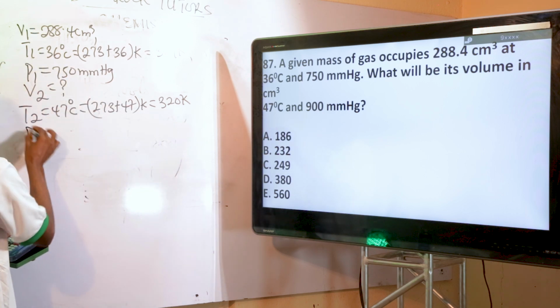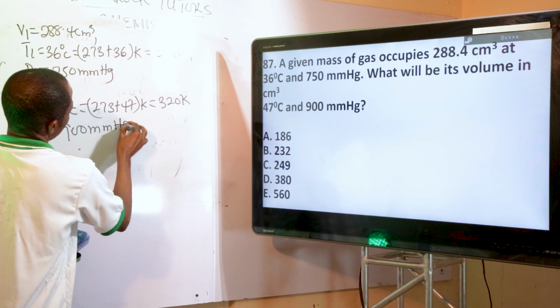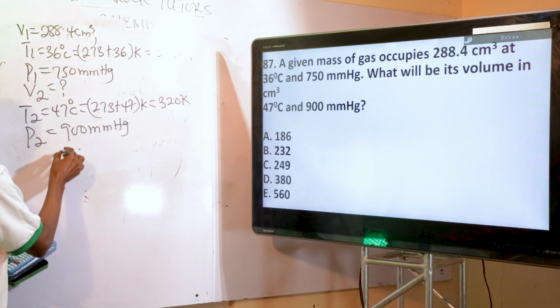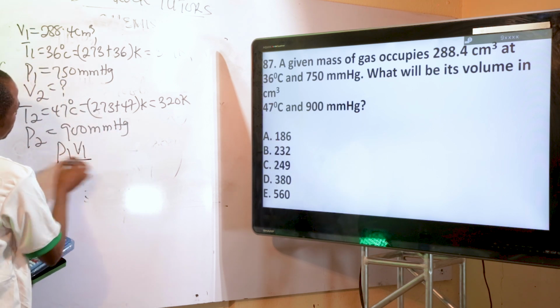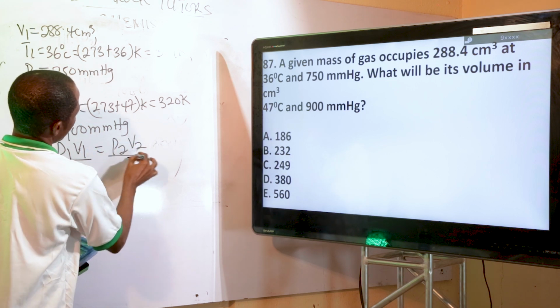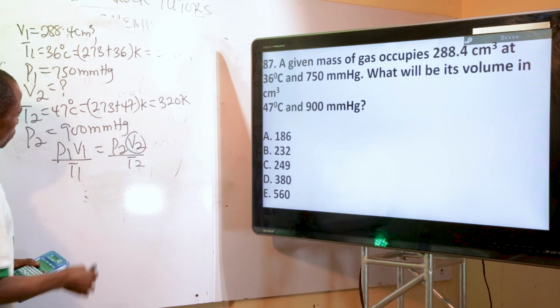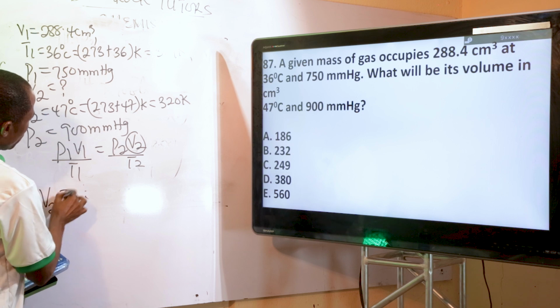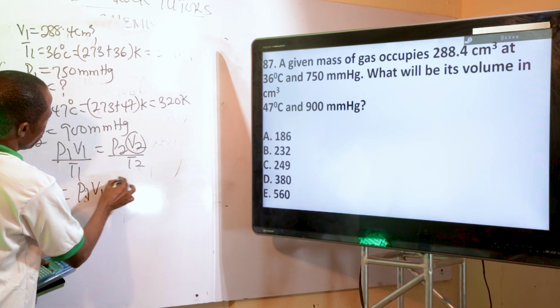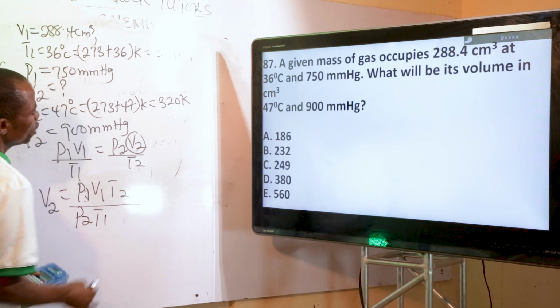And the pressure P2 is equal to 900 millimeters of mercury. We still remember the formula: P1V1 over T1 is equal to P2V2 all over T2. What we need to make the subject of the formula is V2. So V2 becomes P1V1T2 all over P2T1.